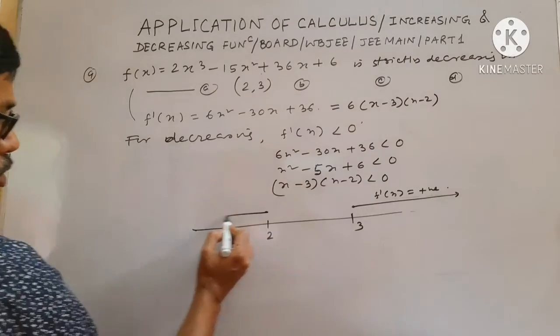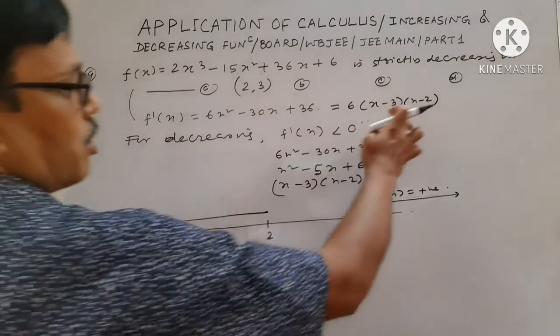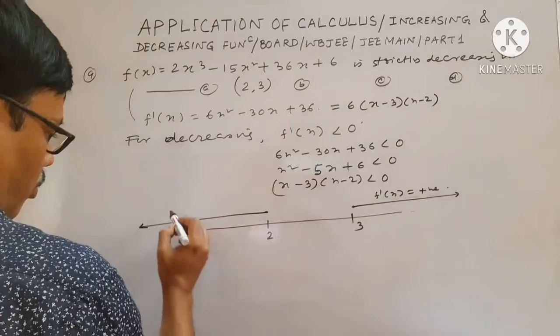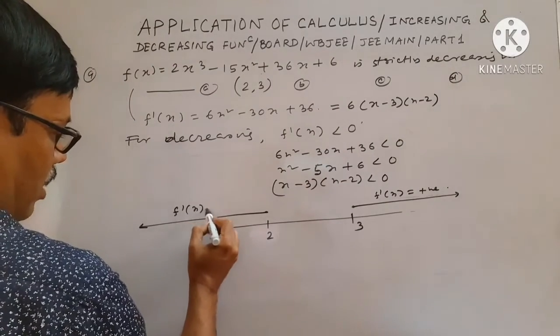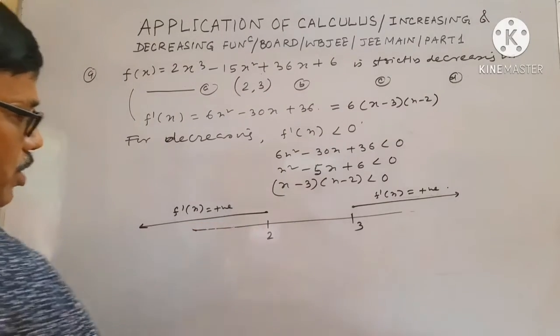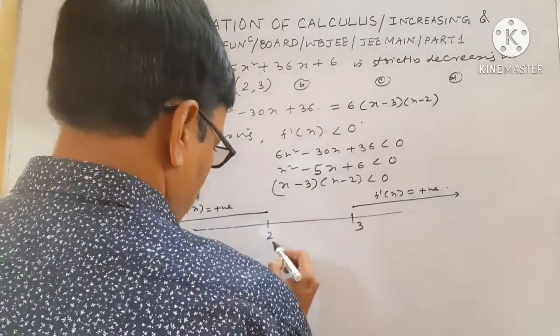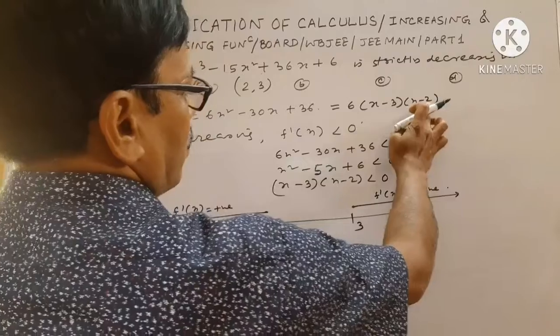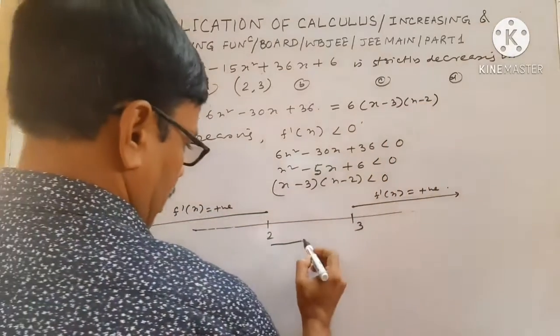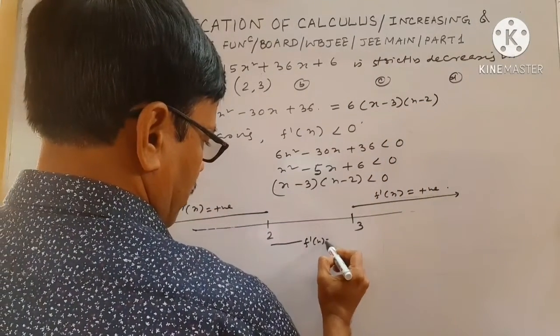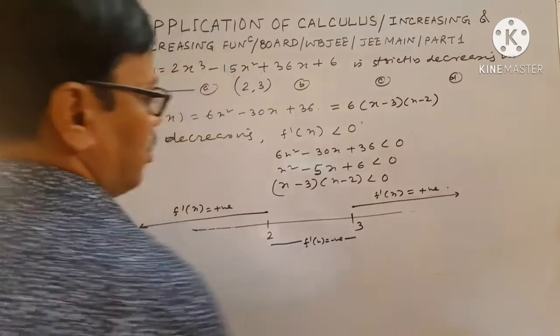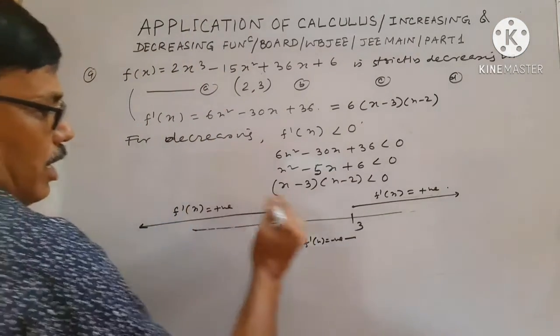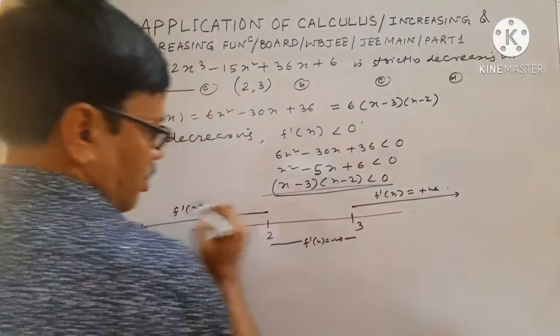For x less than 2, suppose 1, negative, negative, positive, so here f dash x is also positive. In between 2 and 3, suppose 2.5, this is positive, this is negative, so f dash x is negative.